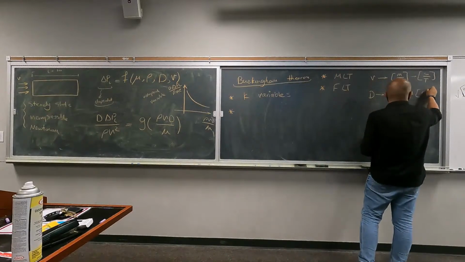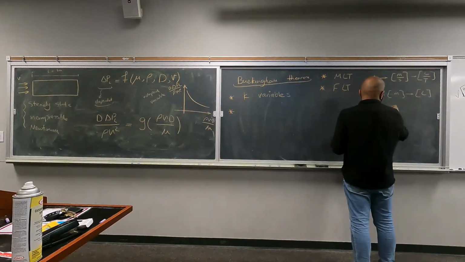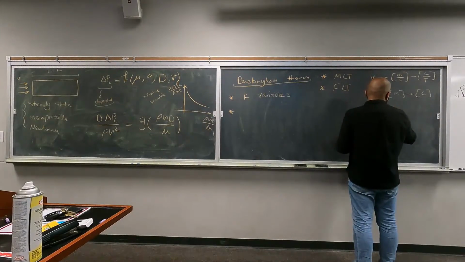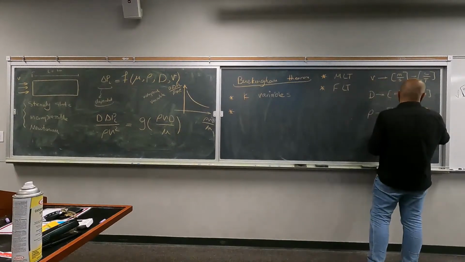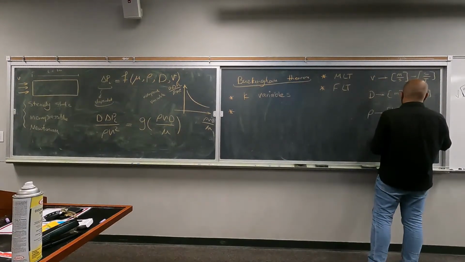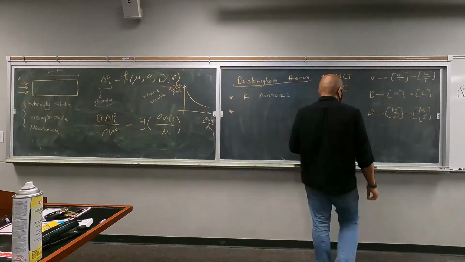And we are doing SI here. So dimensions of density, kilograms per cubic meters, or mass divided by length cubed. And then dimensions of viscosity.